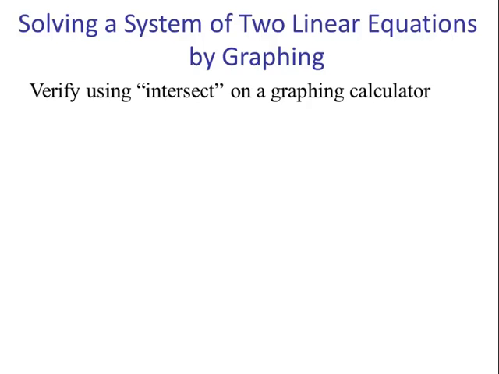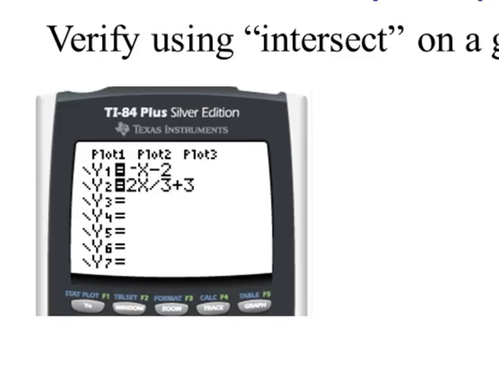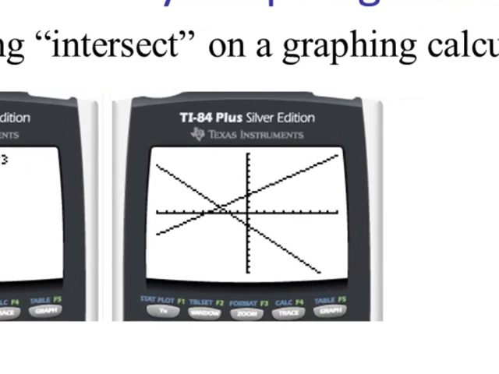Using the graphing calculator, we can type in the first expression in y1, -x minus 2. For the second expression, 2/3 x plus 3. We can press graph and trace, or we can use the intersection feature.